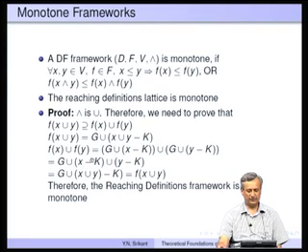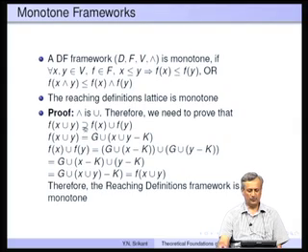And what about f(x) union f(y), the right hand side? f(x) is G union x minus k, f(y) is G union y minus k, and therefore we have G union (x minus k) union (y minus k), and finally G union (x union y) minus k. So this is observed to be the same as f of x union y.